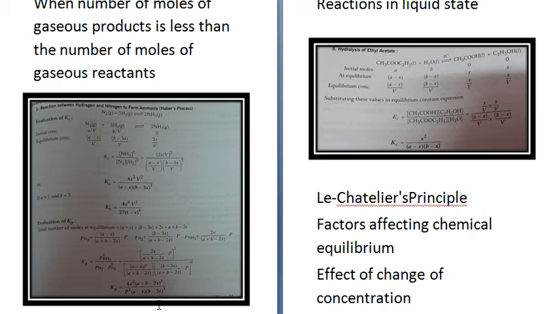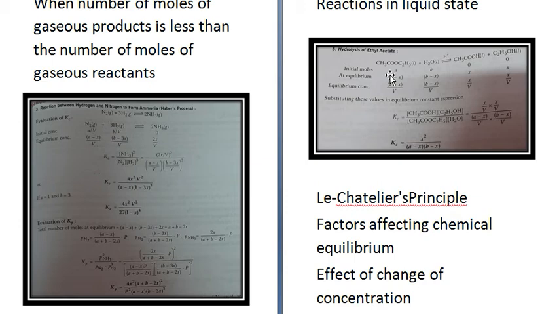Okay. Now, fourth type, we come to reactions in the liquid state. For this, we will take the reaction of hydrolysis of ethyl acetate. The reaction is CH3COOC2H5 plus H2O giving you CH3COOH plus C2H5OH.